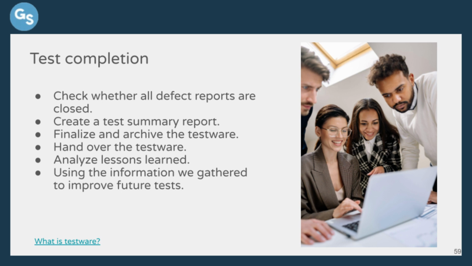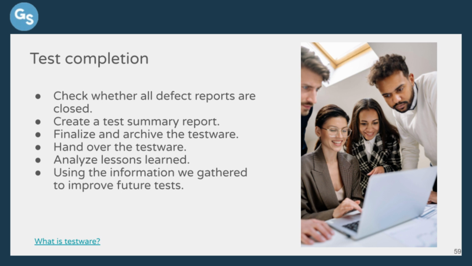Test completion includes several major activities. First, testers check whether all defect reports are closed and enter change requests or product backlog items for any unresolved defects at the end of test execution. They create a test summary report to communicate findings to stakeholders. Next, they finalize and archive the test environment, test data, test infrastructure, and other testware for later reuse.